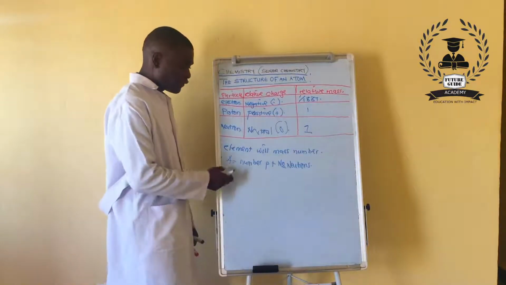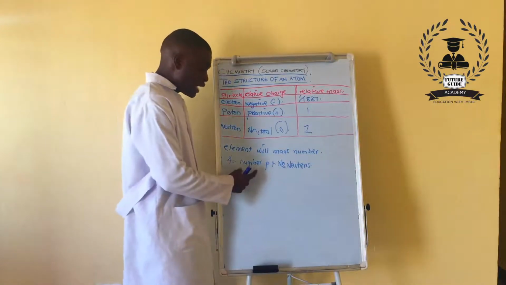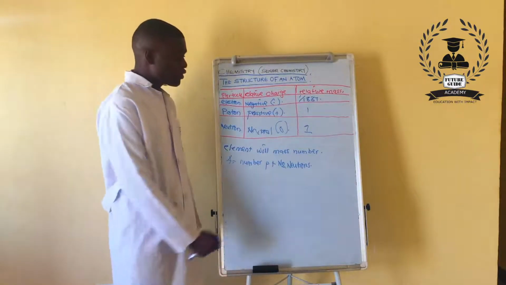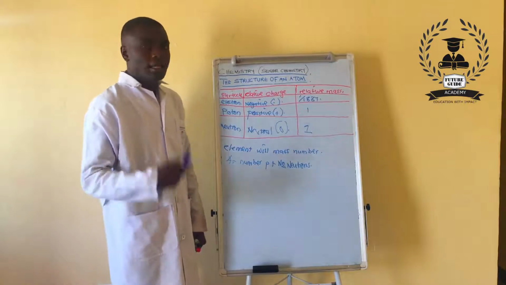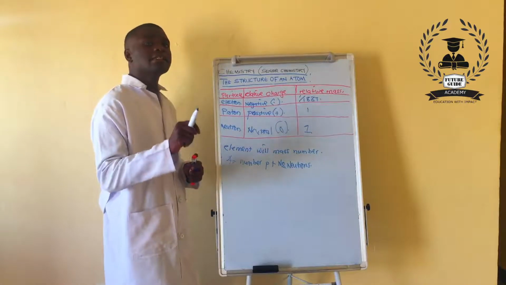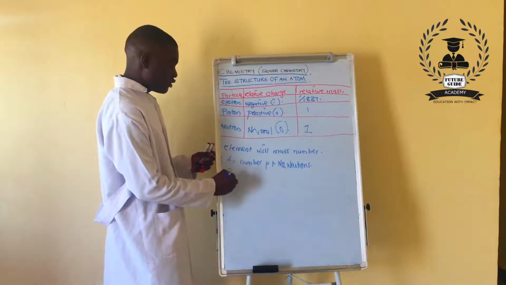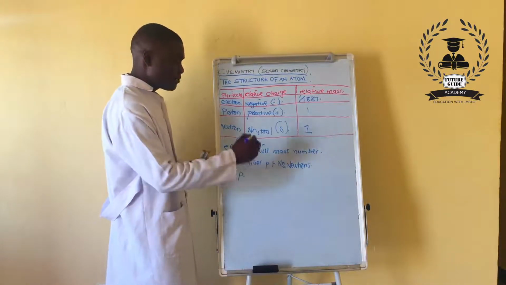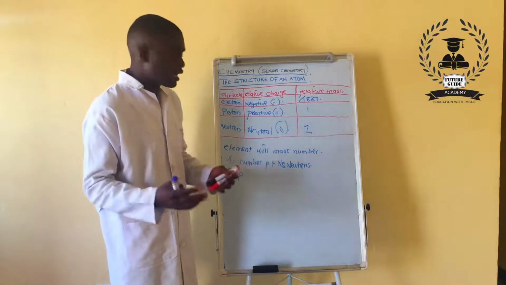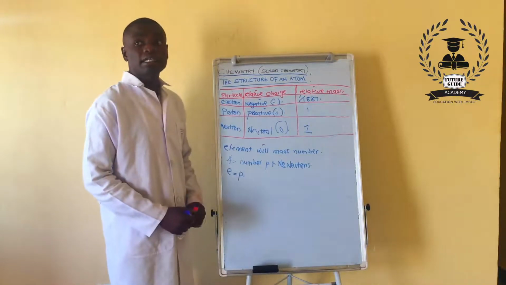For us to have the mass number of an element, we add the number of protons plus the number of neutrons. And then another thing that you're supposed to know, for an element that is neutral, meaning something that has not lost or gained, the number of electrons is equal to the number of protons.